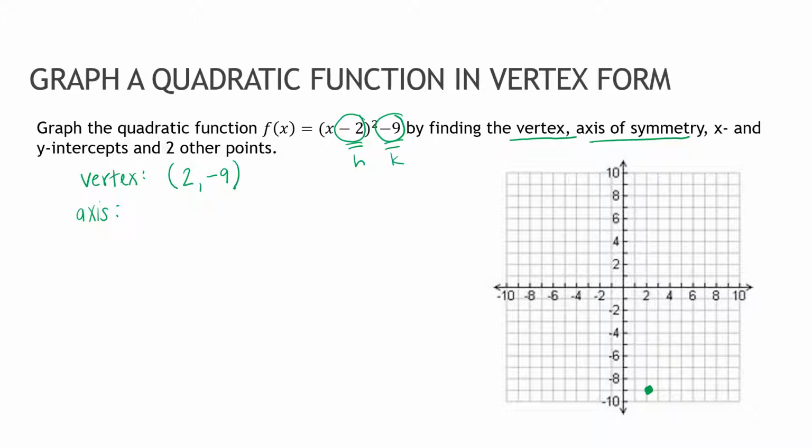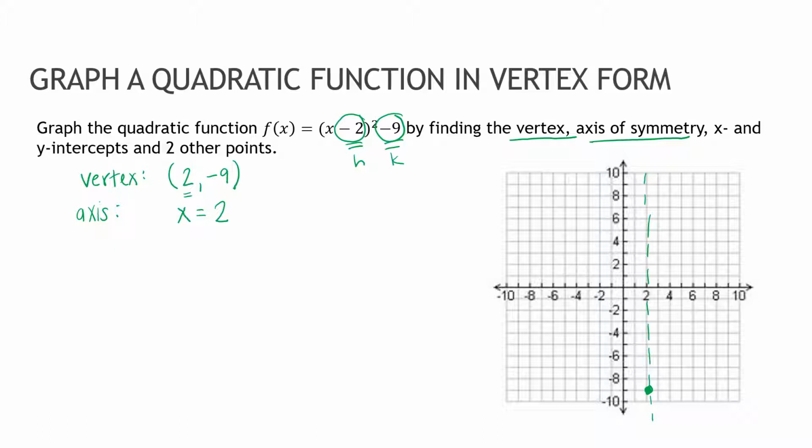The axis of symmetry always has to do, again, with h. So my vertex is 2, negative 9. My axis of symmetry is a line, and so you need x equals, and then whatever that x value is. If I were to graph that line, it would simply look like this, a dotted line at x equals 2. The reason we graph that is that if I have something on the left side of that line, I can reflect it to the right side or vice versa.